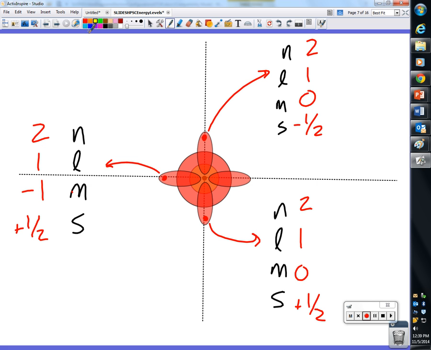But using this as a transition to the last part, okay? This is a pretty detailed picture of orbitals and electrons within those orbitals.